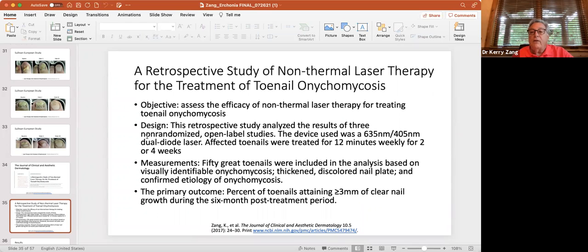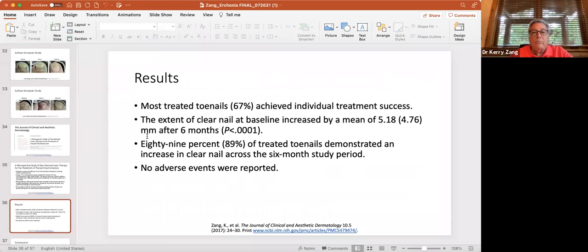We measured the toenails, included in the analysis based on identical onychomycosis: thickened, discolored nail plate, with etiology confirmed via culture. And the FDA wanted to know that we had greater than 3 millimeters of clear nail growth during the 6-month period.